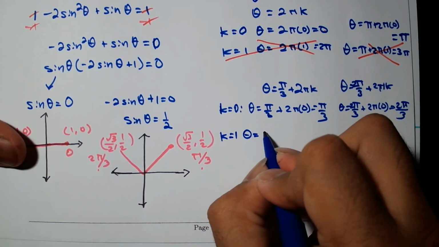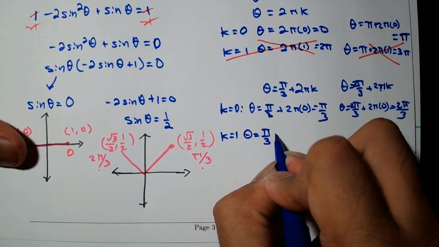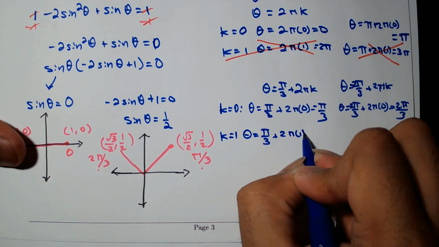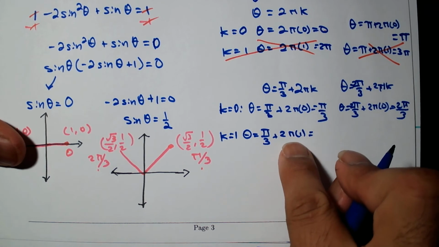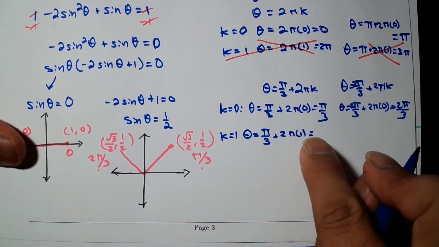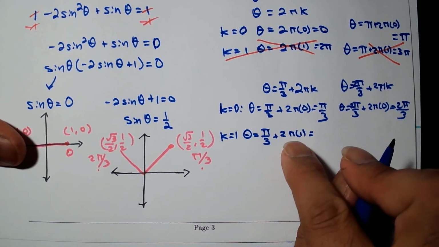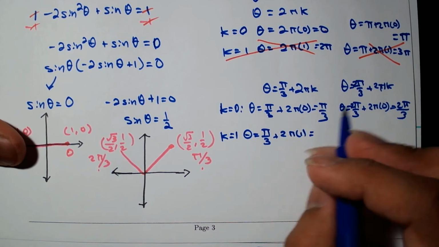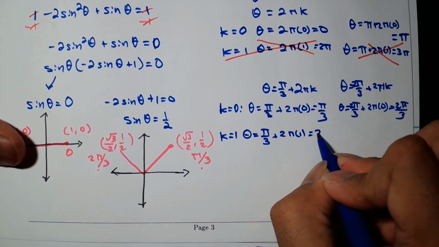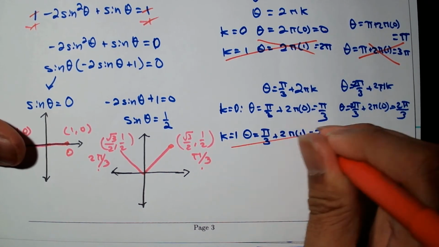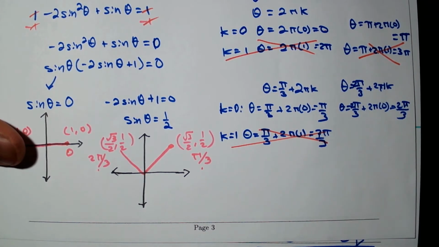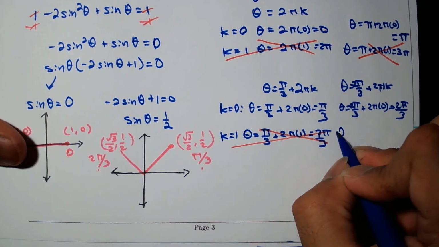Theta equals pi over 3 plus 2 pi times 1. Well, that's going to go past the range, because that's 2 pi plus something, it's 7 pi over 3. Clearly, this is going to go past the range.